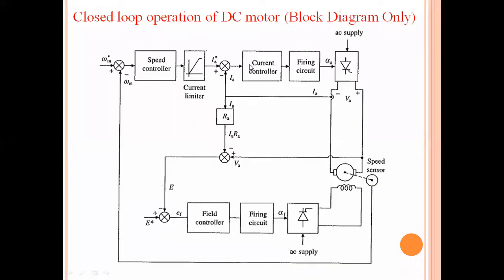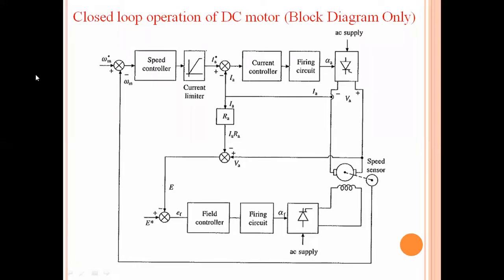See, this is the inner current loop and this is the speed feedback loop. By this, it provides faster response to any of the disturbances, any of the disturbances that is given to the speed command or load torque and the supply voltage.